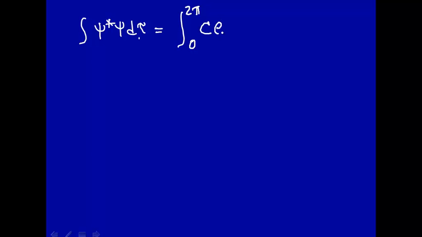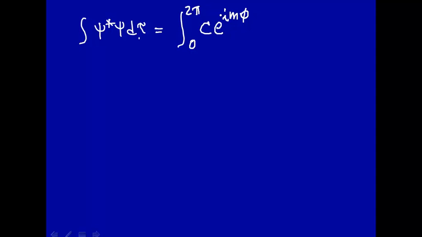So that means the integral here is from 0 to 2 pi, that's all the angular space of the wave function, which is c e to the i m phi. But look at this. We have to take the complex conjugate, and this is the first time where the wave function is actually an imaginary number.